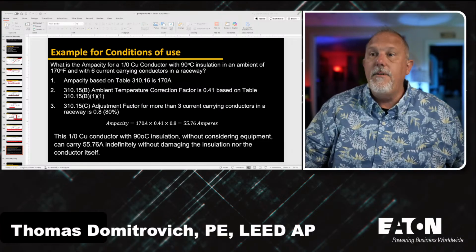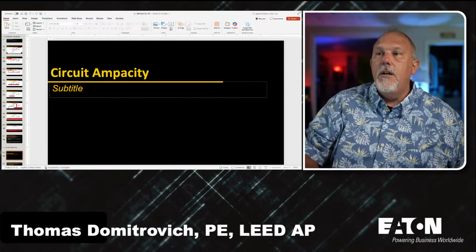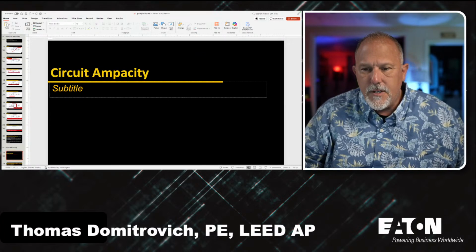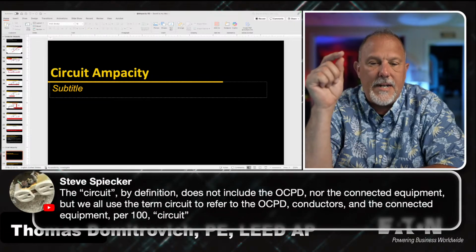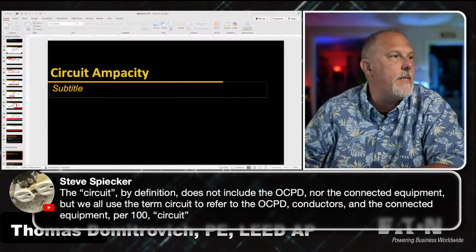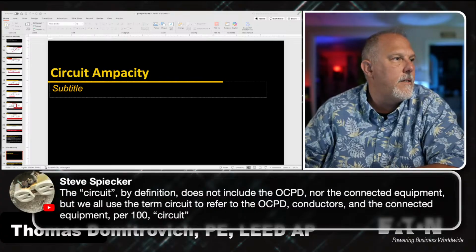Okay, so now I get into the circuit. Now, Steve says the circuit, by definition, does not include the OCPD. By definition, what? Circuit. What is the definition of a circuit?